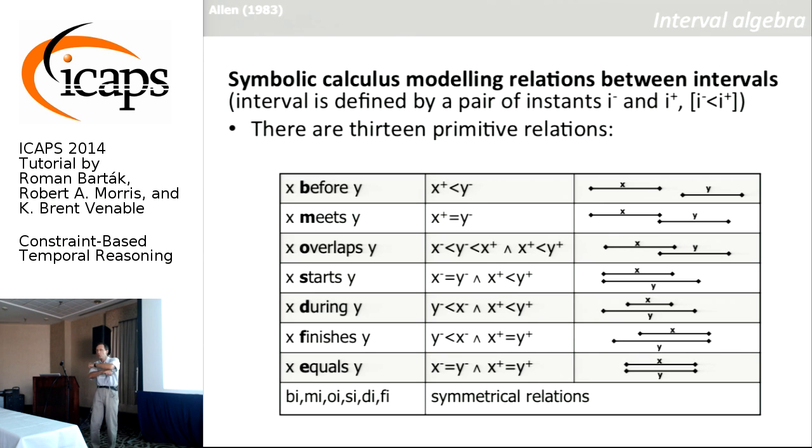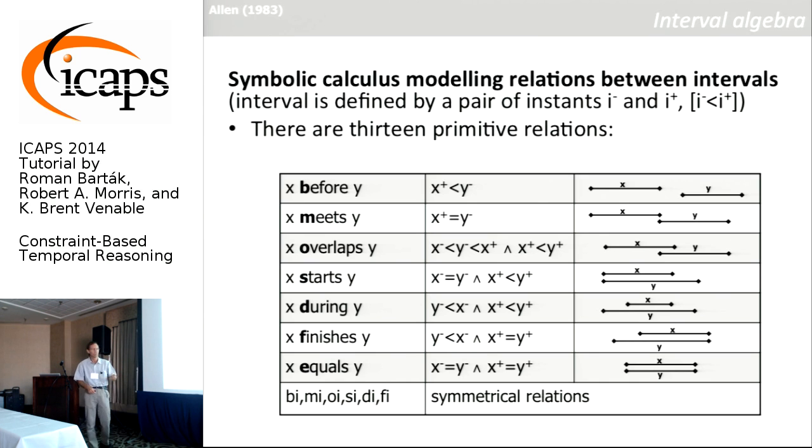And if we continue, we obtain these 6 relations on the other side, right? So if I say something is before, I can say in a reverse way that y is after x. So in total, we have 13 relations. I will use these symmetrical relations with the letter i, like inverse or something like this. So bi means actually after, right?